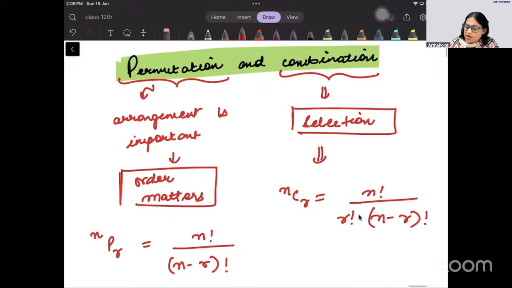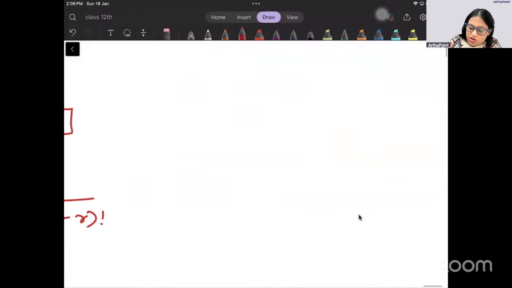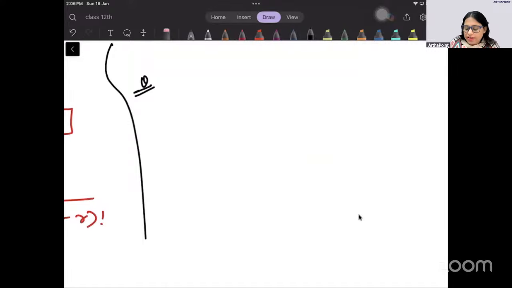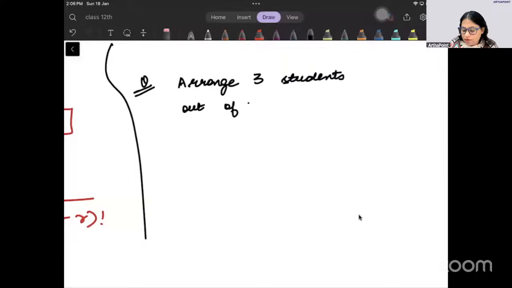Okay. Let's think of some questions. First of all, basic permutation combination के. So if I tell you arrange 3 students out of 5 students on a stage. Right.